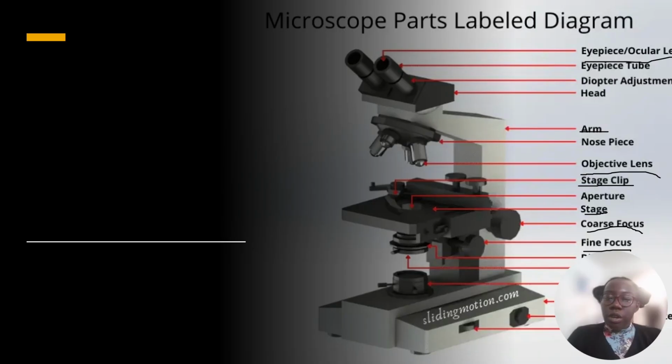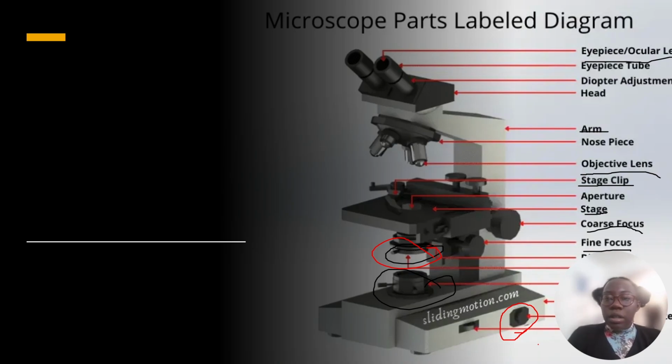And we have different other things. Here we have the lamp. Here we have the diaphragm. Let me change the color so that you can see it better. Here we have the diaphragm, and here you can see, it allows you to open and close the lamp, etc.